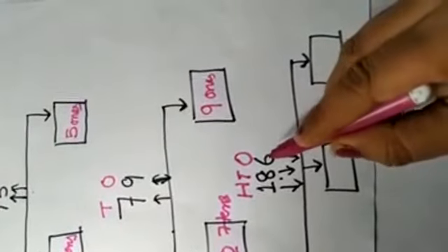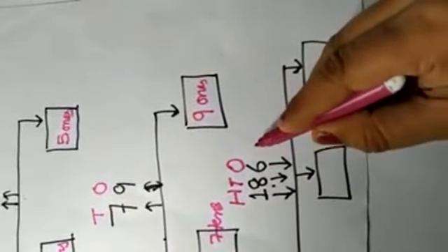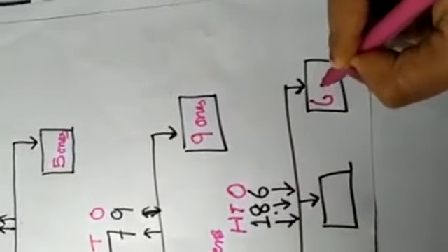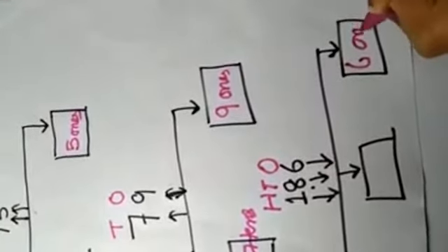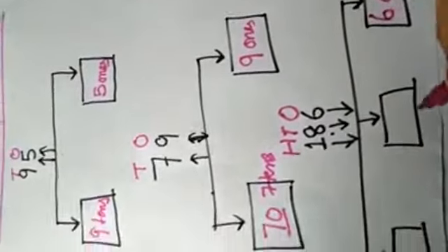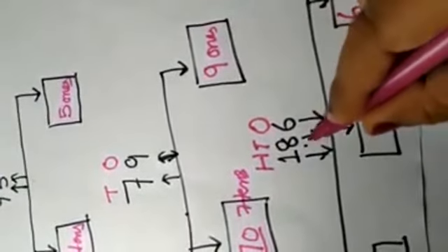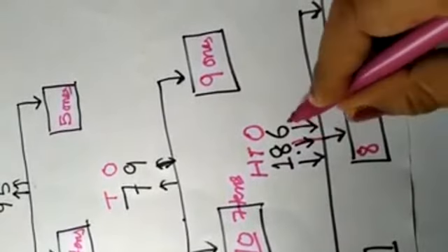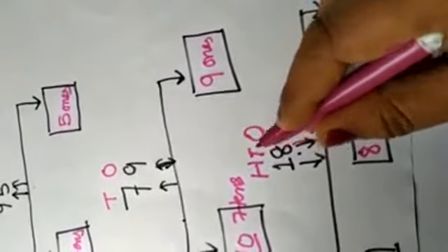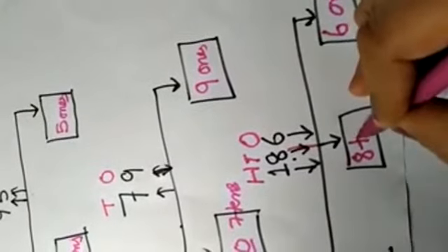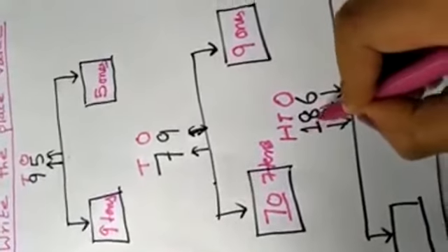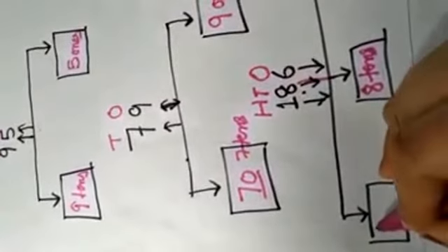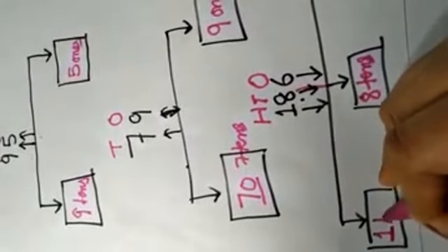So how will we study? 6, no number is after that. 6 is at ones place, 6 ones. See that, 8 is at tens place. And 1 is at 100 place.